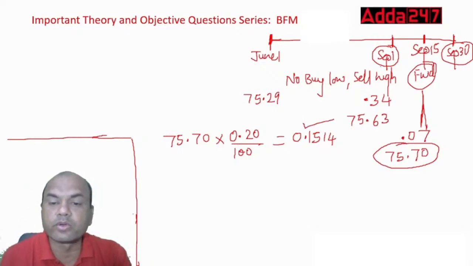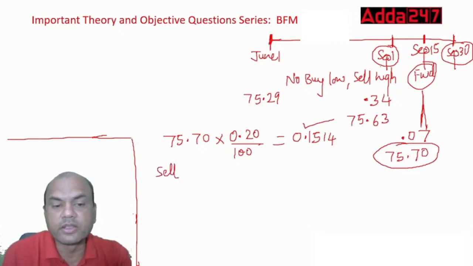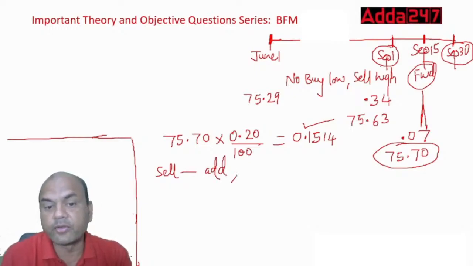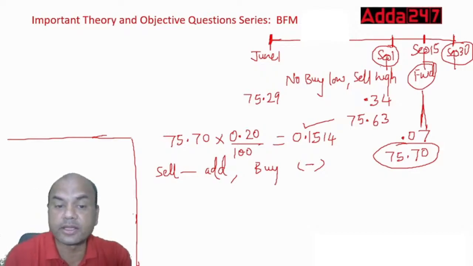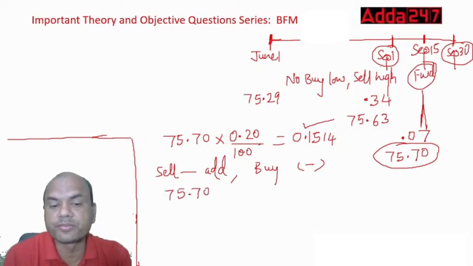So what to do with this margin? Remember, whenever you are selling, you'll always add the TT margin, and whenever you are buying, you'll always subtract the margin. Now I am doing the import transaction, meaning selling, so I'll add this. What will be my final rate now? 75.70 plus 0.1514.